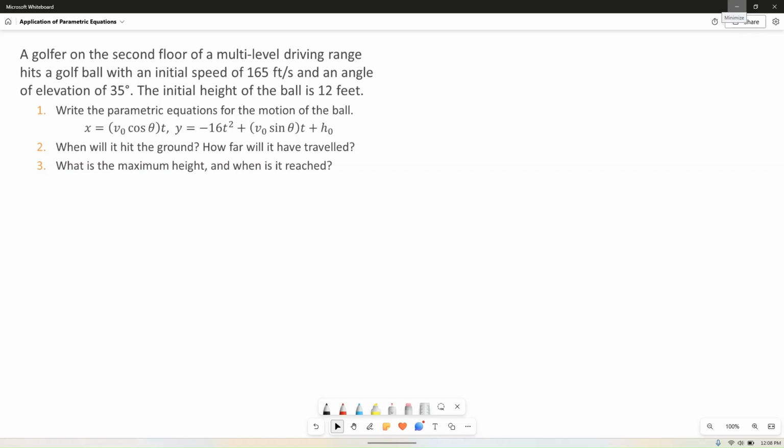We want to write what the parametric equations would look like for the trajectory, the path of this ball until it hits the ground. In general, when we have an initial height, an initial speed, and an initial angle, the parametric equations are always going to have the following form.